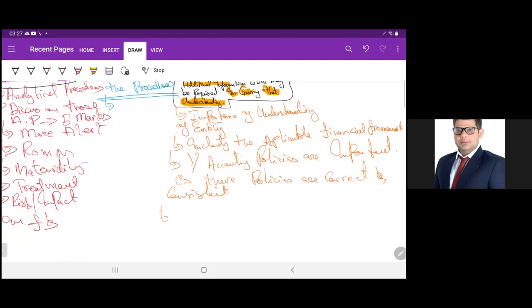Then you will evaluate the significance of transactions, balances, and disclosures.